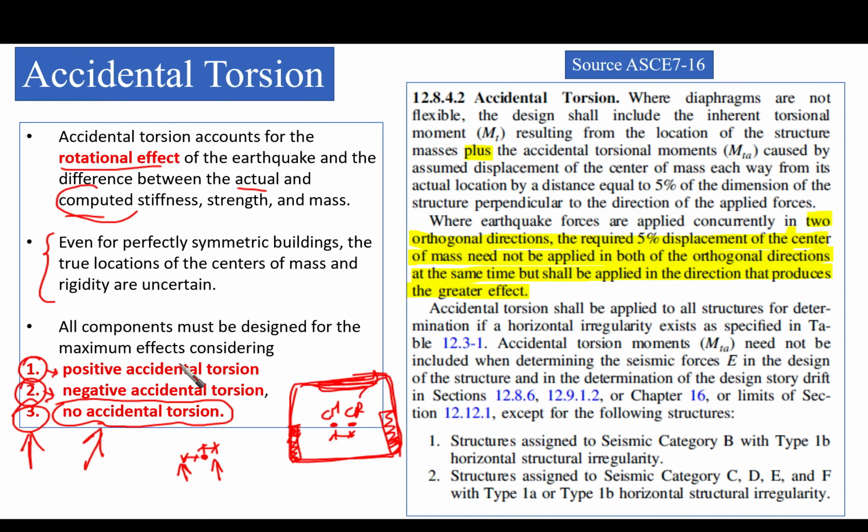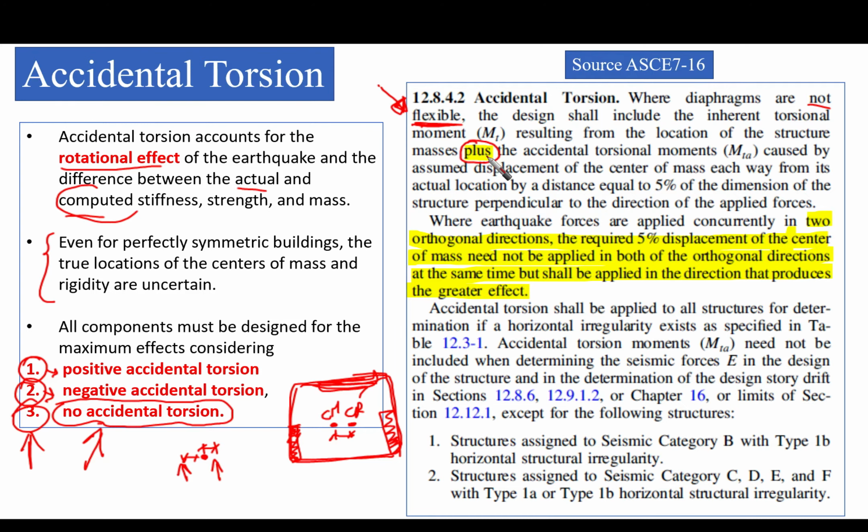Okay. Now let's read what ASCE 7 is telling us about the accidental torsion, where diaphragms are not flexible. Look at this point. The code always places emphasis upon it because it's important. Not flexible: the design shall include the inherent torsion moment, MT, resulting from the location of the structure, plus accidental torsion.